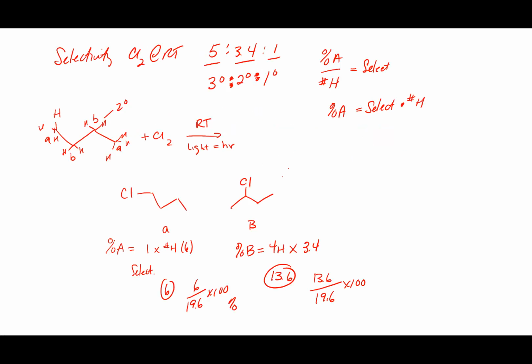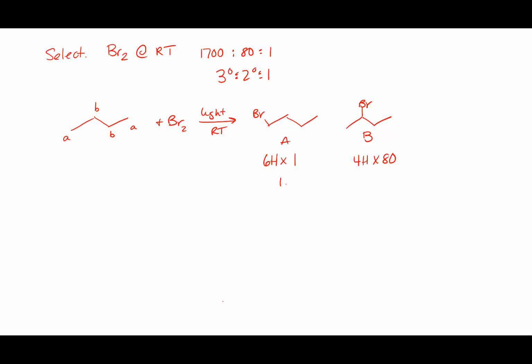So now I have 6 to 320 as the numbers. B is still the major product, but now it's 320 out of 326, and product A is only 6 out of 326. So that's going to be greater than 99%, and that's going to be less than 1%.